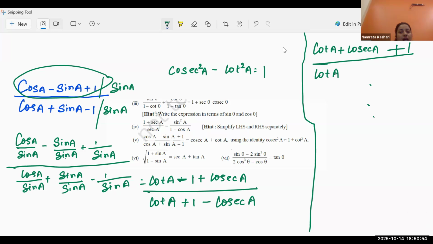If you ask me why are we doing it, how will you get to know? See, I told you this falls under that 5% or 3% of questions where a certain trick we have to use. By looking at the question you won't be able to understand that, yeah, addition is there, let's do the addition, or subtraction is there, let's do the subtraction, or we can use this formula or the algebraic identity.